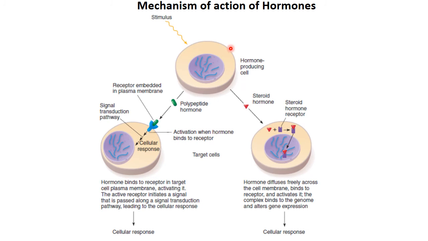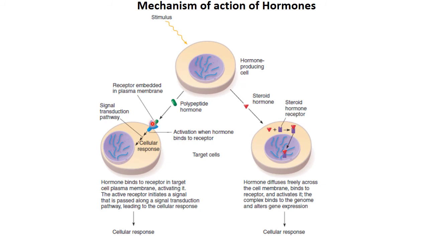Now here we can review a little bit the mechanism of action of hormones. Following a stimulus, a cell can produce hormones: some cells will produce steroid hormones, other cells will produce, let's say, protein hormones or polypeptide hormones. According to the type of hormone produced, the mechanism of action in the target cell will be different. The polypeptide hormones will bind to a membrane-bound receptor and will induce a signaling cascade or signal transduction pathway.